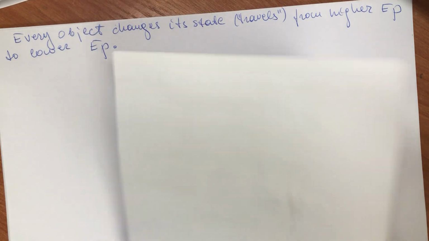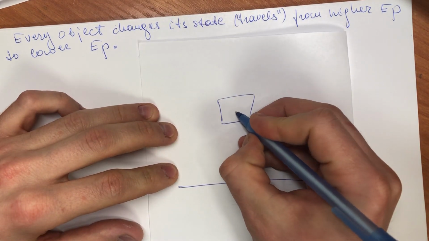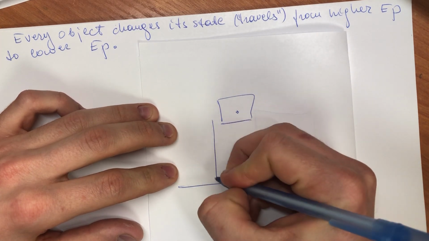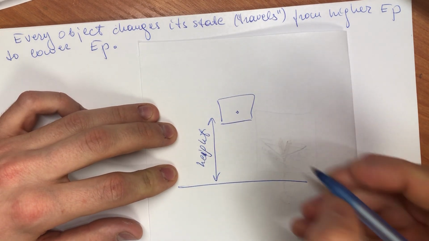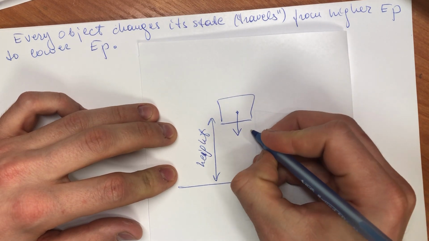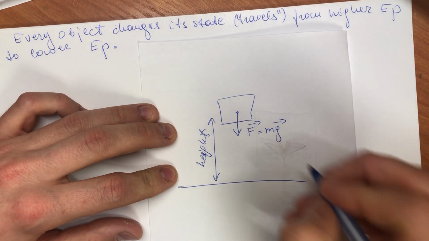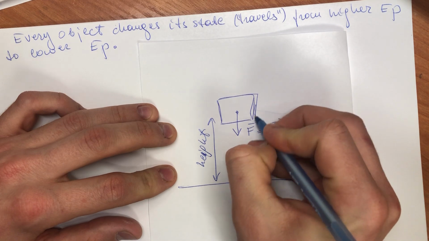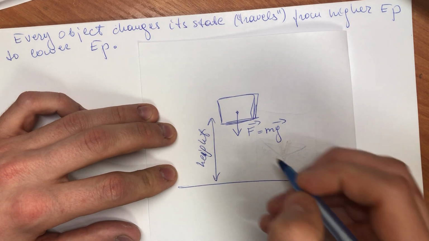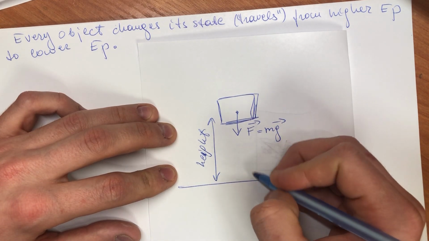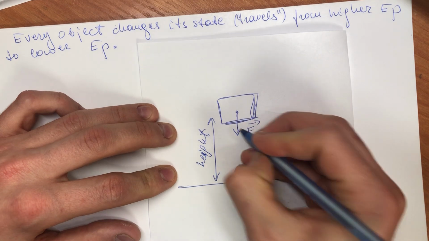As you remember, we had a box lifted above the ground, at some kind of height, and this box was pulled down by the gravitational force, F equals mg, because this box was in an external force field, the field of Earth's gravity, so it has potential energy.